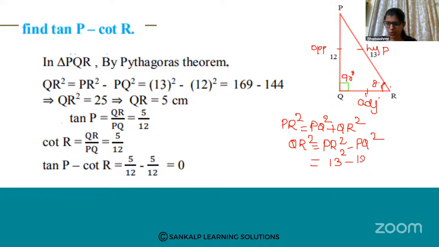PQ square is 12 square. 13 square is 169 minus 144, that is 25. So QR square is 25. So QR is square root of 25, which is 5. That means adjacent side is 5 centimeter or 5 units.